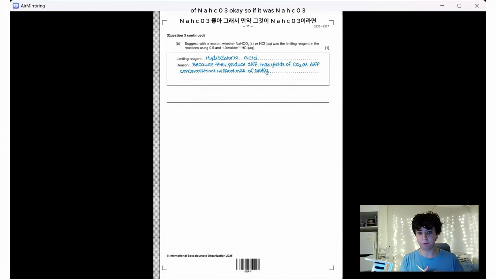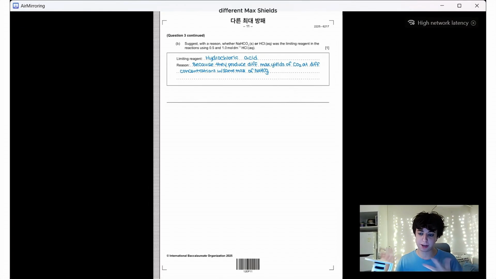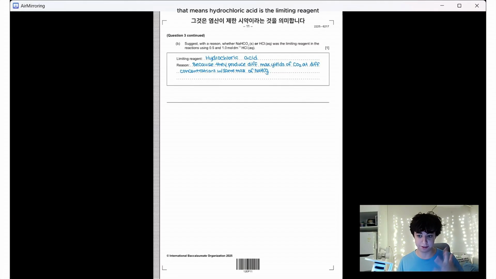If it was NaHCO3, then they would have the same plateau no matter the concentration. And since they are different plateaus, different max yields, that means hydrochloric acid is the limiting reagent.